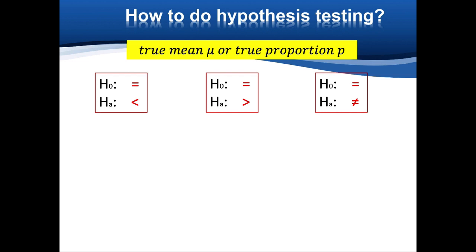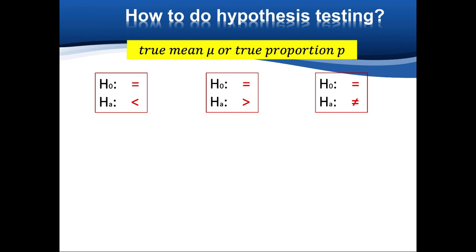Note that this is a special case. If the claim is that you want to prove mean or proportion is equal to something, we always write not equal in HA. So there are three possible forms of the hypothesis of H0 and HA.